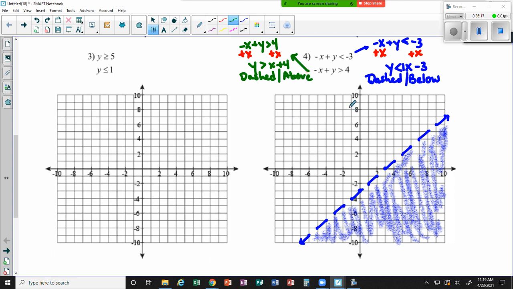To draw my boundary line in, where do I start? 4 on the y-axis, there. My slope is what? 1. So what do I know about these lines? Parallel.